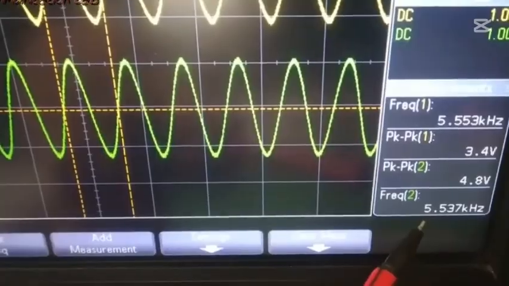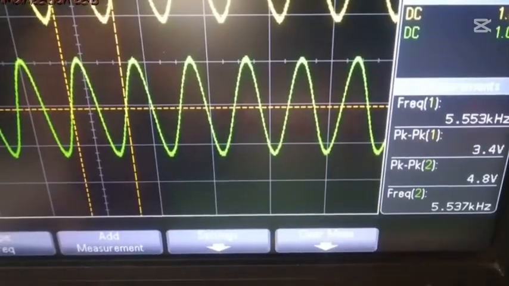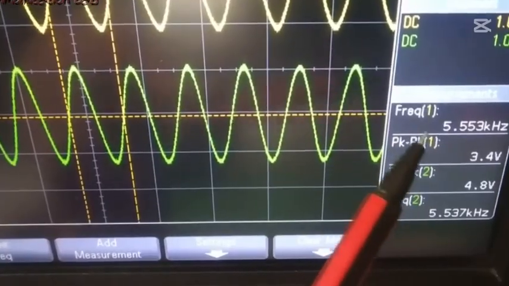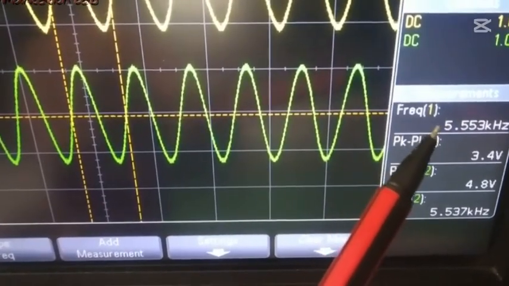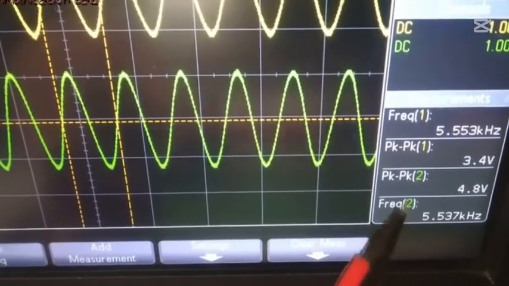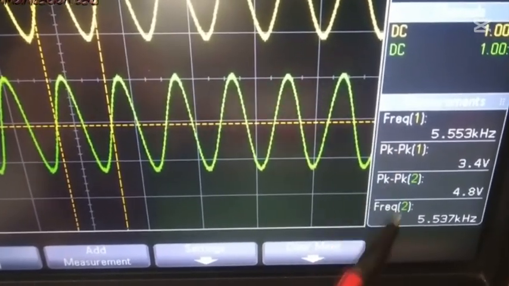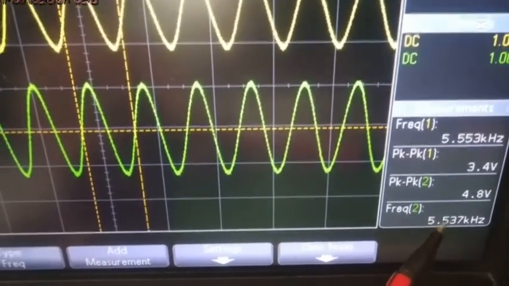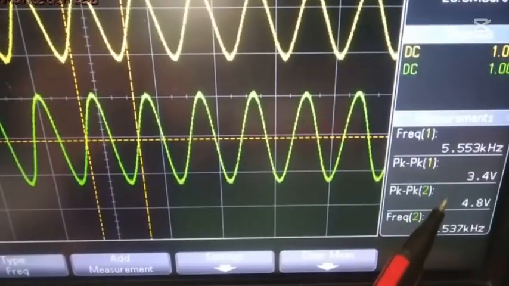You can see that between the original frequency and the demodulated frequency there is a little difference, but they are approximately equal. Also, you can see the peak to peak voltages are very near to each other.